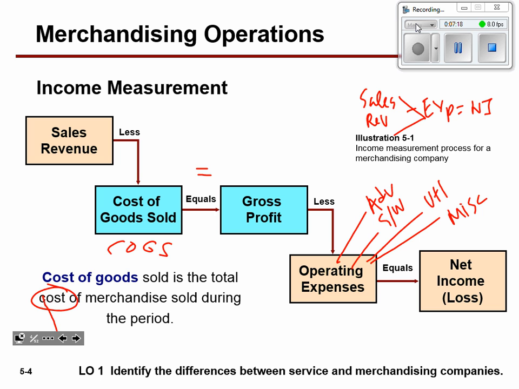So once we have our gross profit determined, then we have to say, well, what about all that, what's often referred to as overhead? What are your overhead expenses just because you do business? That then equals, hopefully, still a net income. Hopefully you were selling stuff at a large enough price tag that you can take the hit of COGS and your operating expenses to still have a net income.